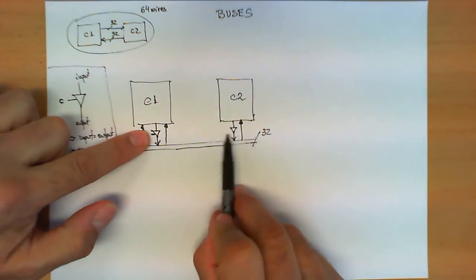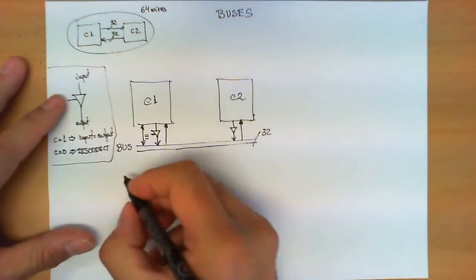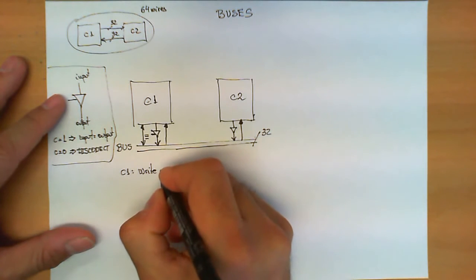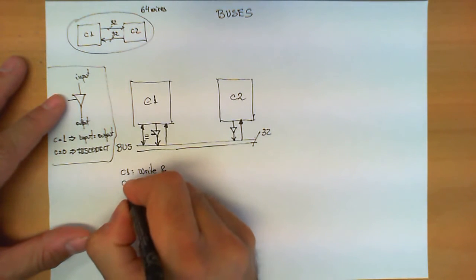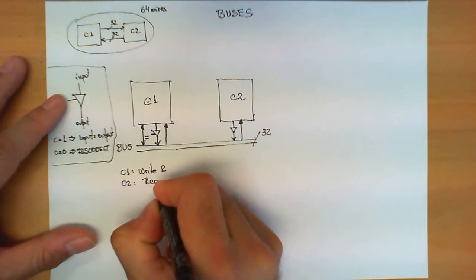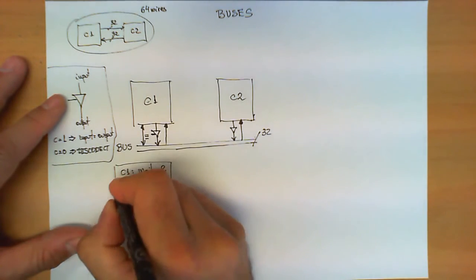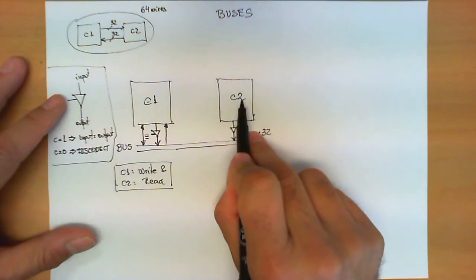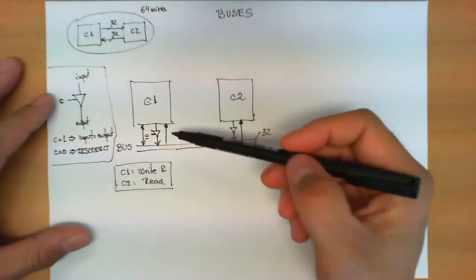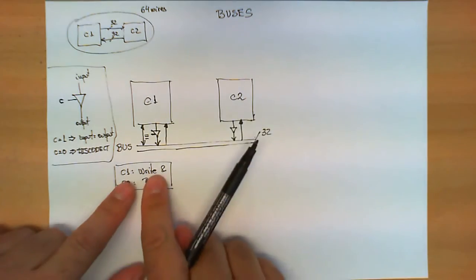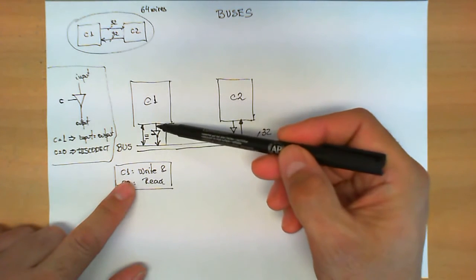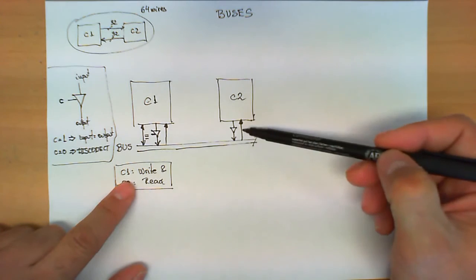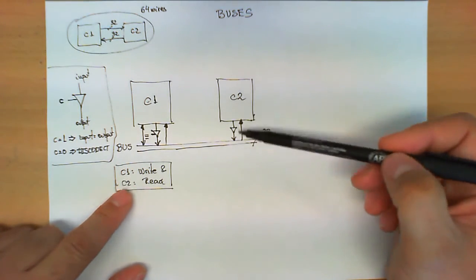Let's suppose now that C1 wants to write a value and C2 wants to read a value. In other words, C1 is producing certain information that needs to be transmitted to C2. How do we achieve this? Well, clearly C1 in this case has to use this circuit because it wants to write values in the bus, whereas C2 has to use this connection to read the values from the bus.